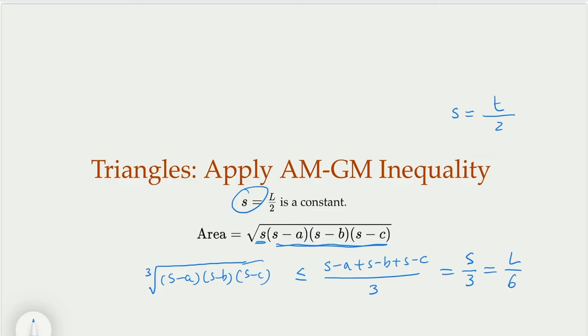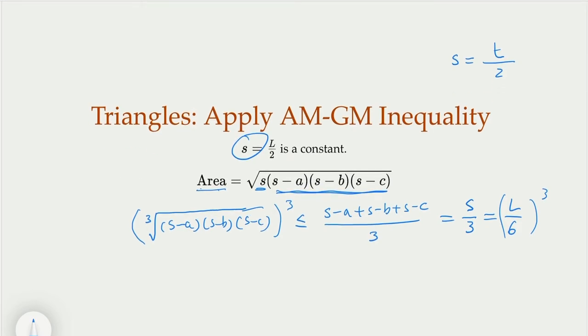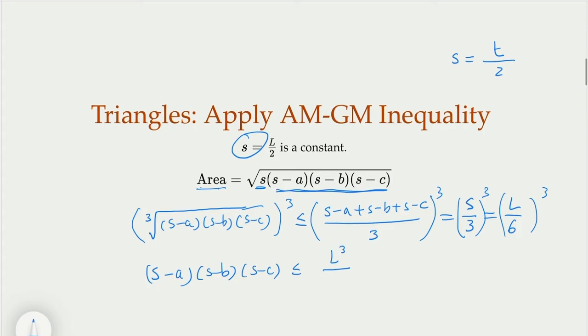However, we're interested in the area, so we raise both sides to the third power. What you get is that (S minus A)(S minus B)(S minus C) is less than or equal to L cubed over 6 cubed.